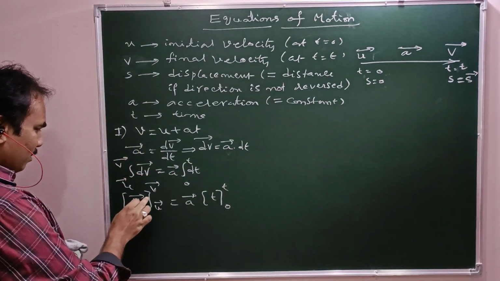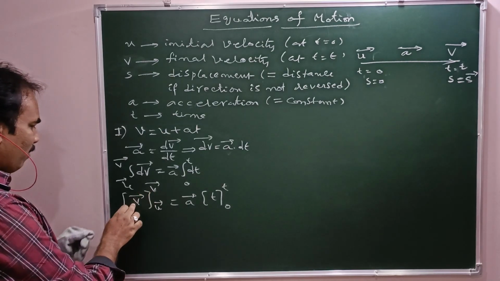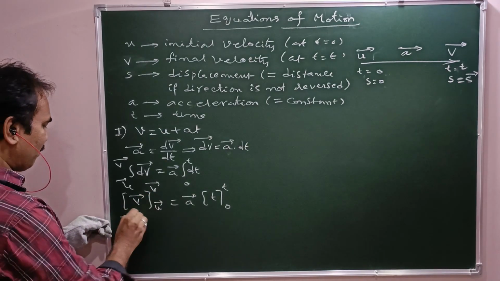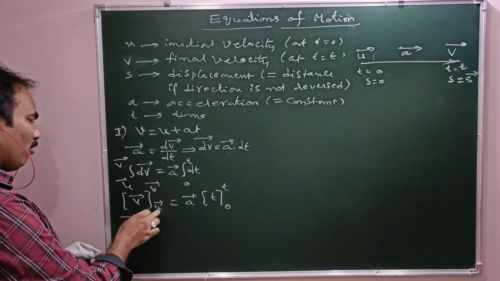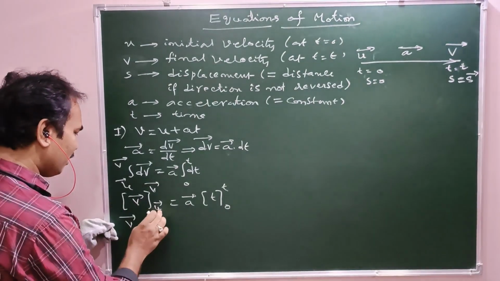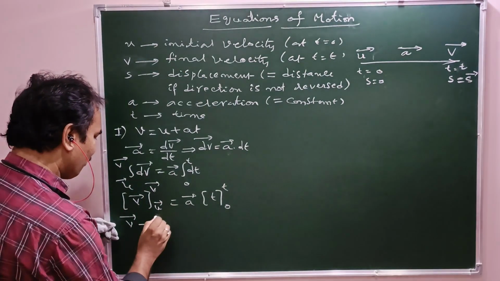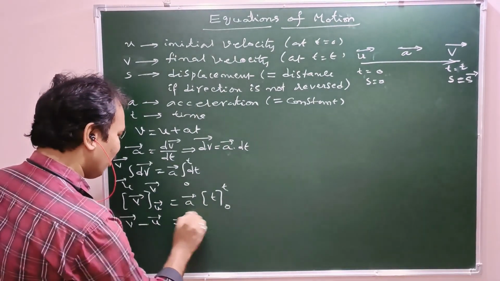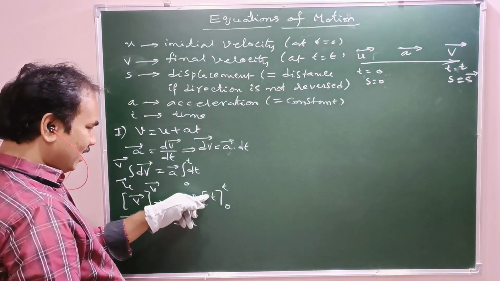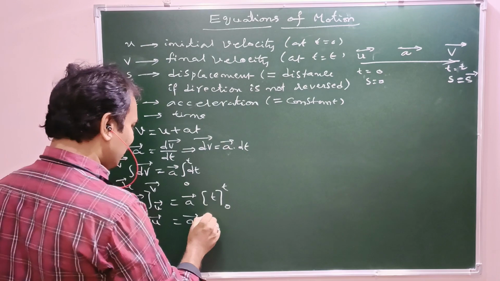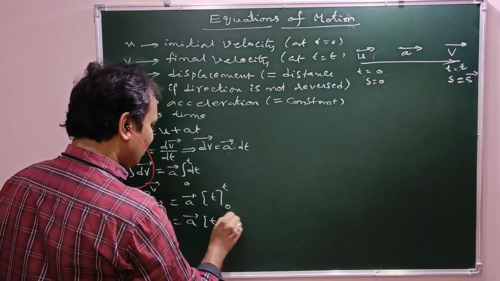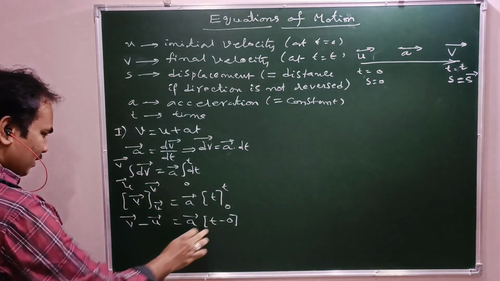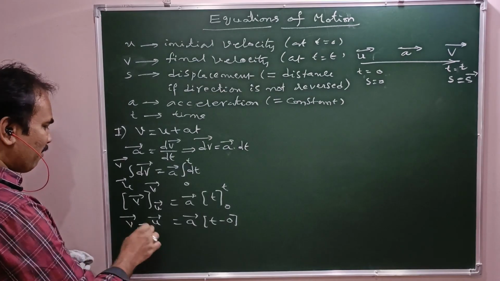Take the upper limit for v bar, that is v bar, minus the lower limit, that is u bar. So v bar minus u bar equals a bar into upper limit t, minus lower limit 0, that is t minus 0, which is t.